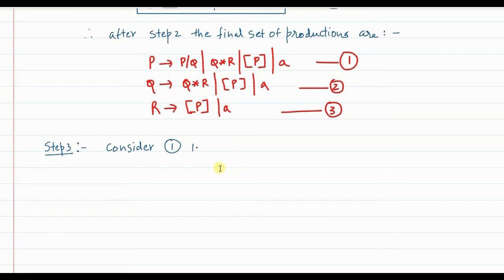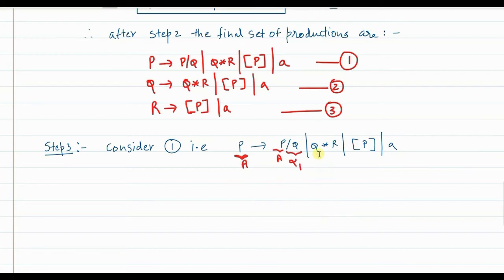Okay, equation 1, that is P gives P divided by Q or Q into R or square bracket P or A. So this is the production 1. Now, is it of the type A gives A alpha? Now, if this is considered as A, you see that in the first term over here, the very first symbol happens to be that same P. Okay, so the left hand side element is A, so I can consider this P as A, and then whatever remains can be considered as alpha 1.